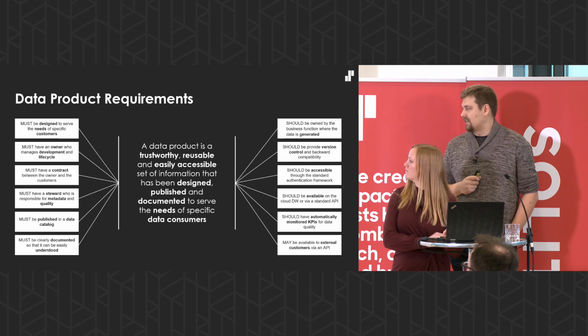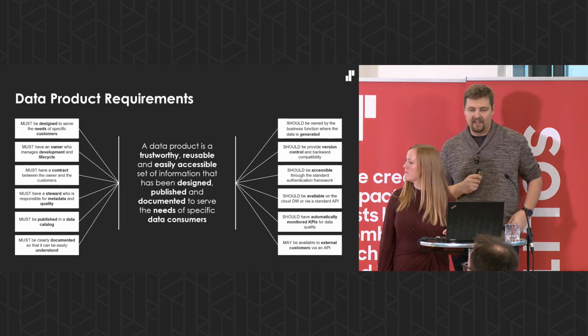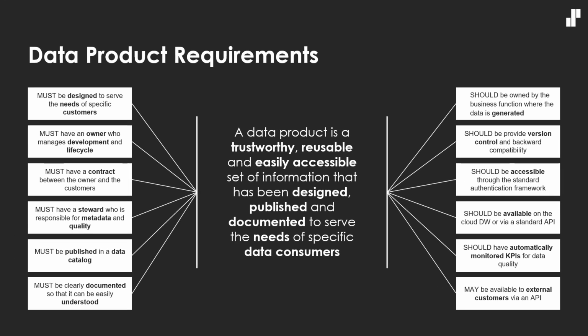And then on the right-hand side, there are some should-haves and may-haves. It should be owned by some business function. There should be version control in place. It should be accessible through some authorization framework. It should be available in some kind of data warehouse or standard API.